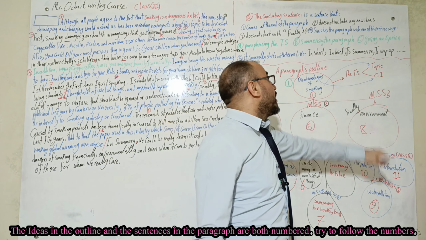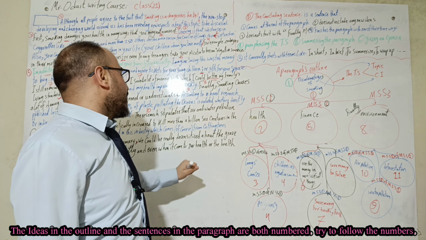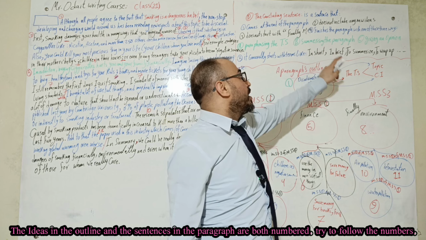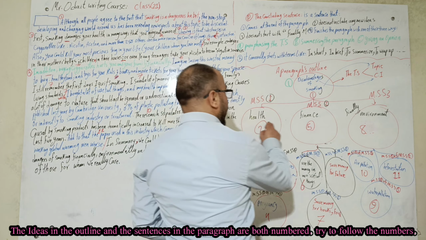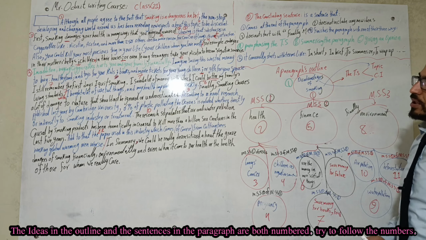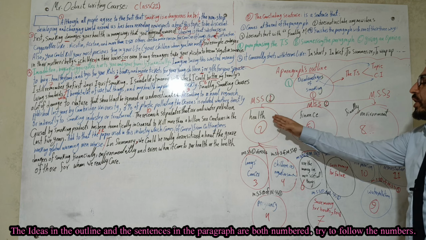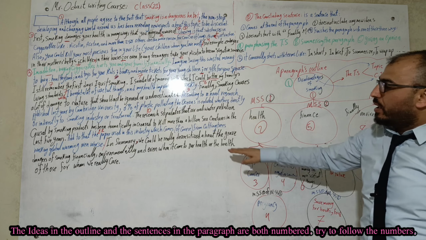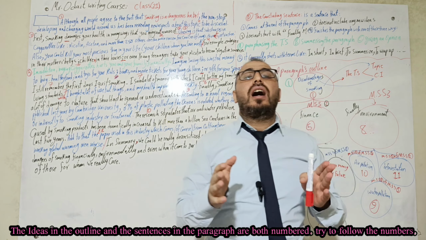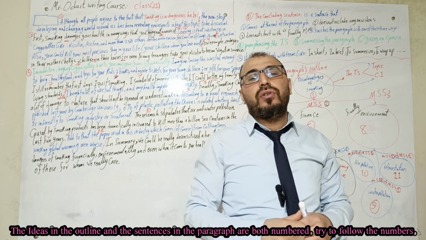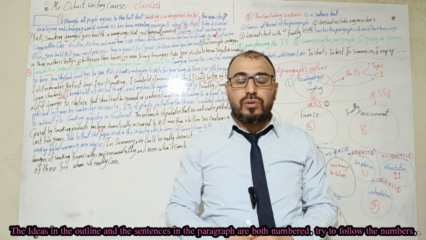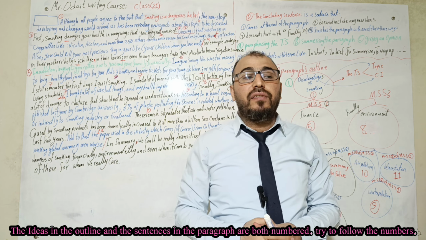Here, my friend, I summarized the paragraph. I didn't paraphrase the topic sentence. I summarized the paragraph. I mentioned the 3 major supporting sentences, or the 3 major points, in one sentence, so that I give a quick revision for my reader about what I have talked about in this paragraph.